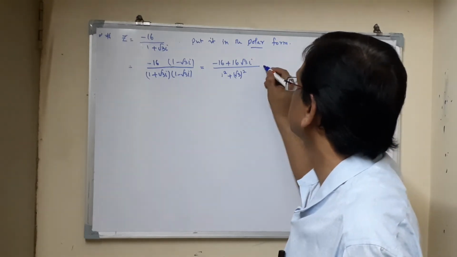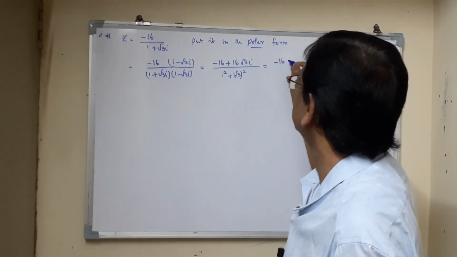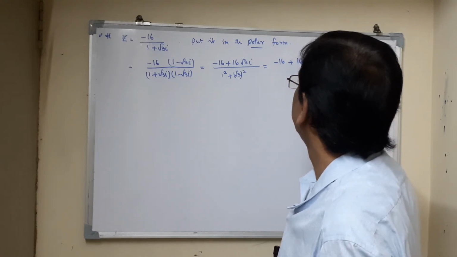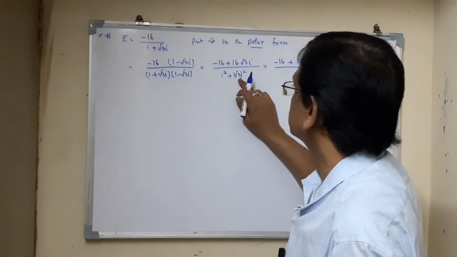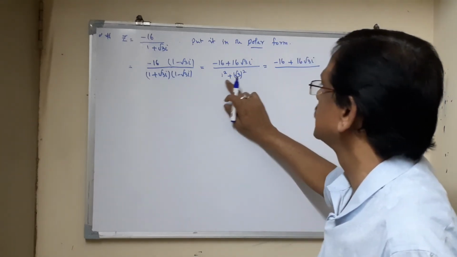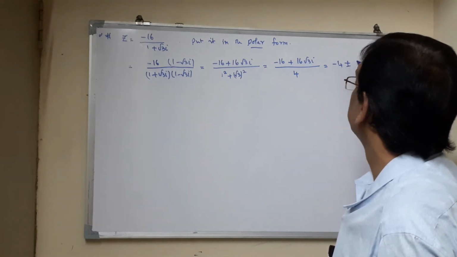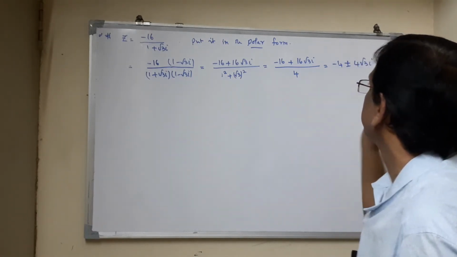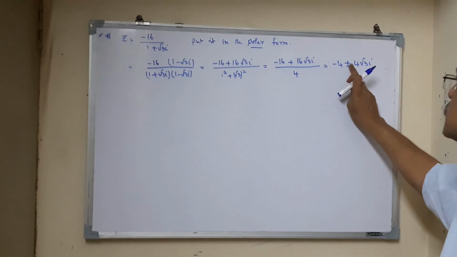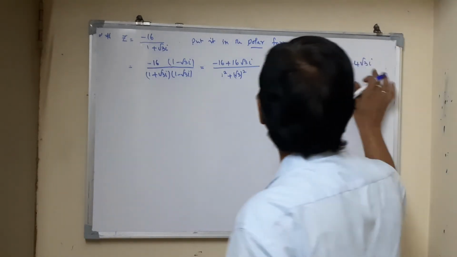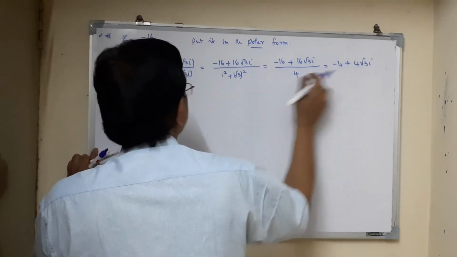So that's why this becomes 1 plus 3, which is 4. So separate it: minus 4 plus 4 root 3i. Now, this is the form a plus ib.